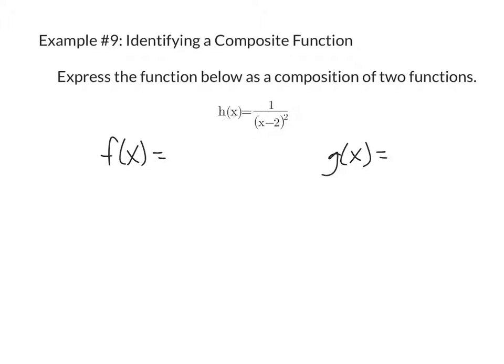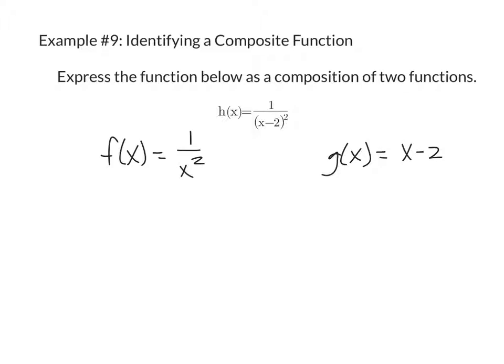Okay, an easy one that I see is that f of x could have been 1 over x squared, because I see a fraction, I have a 1, I have a divided by, and I see some expression squared, so that expression is going to stand for x. But in g of x, I'm actually going to write the expression as x minus 2.